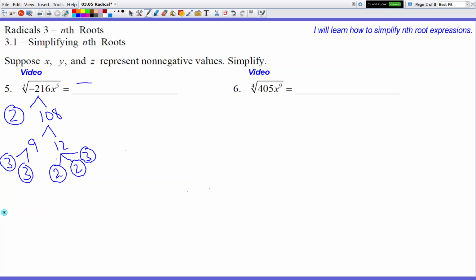Okay, so let's write my ginormous radical symbol. Let's put a 3 in there. Okay, and here's why it's going to become a negative answer. So here's what you want to do. When you break apart the negative, you want to put the same amount of negatives as the radical or root that you have.